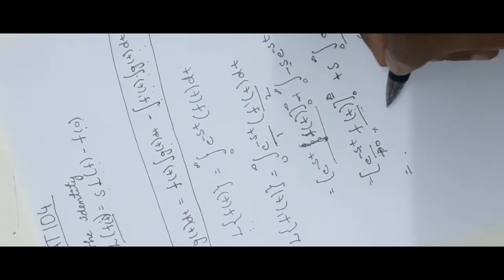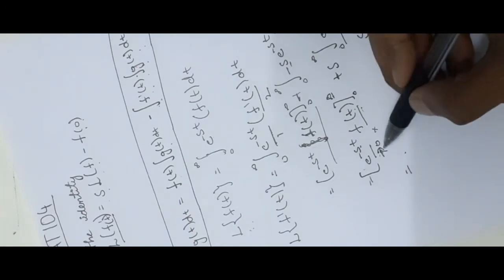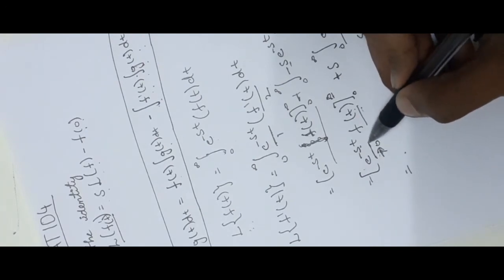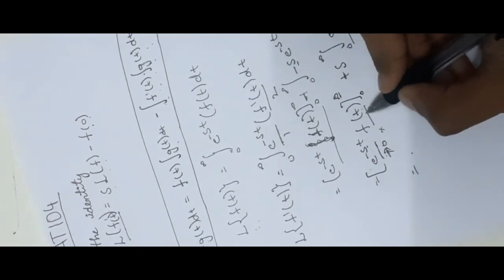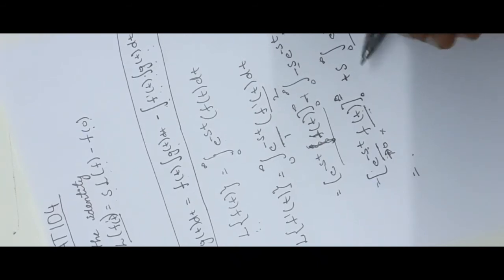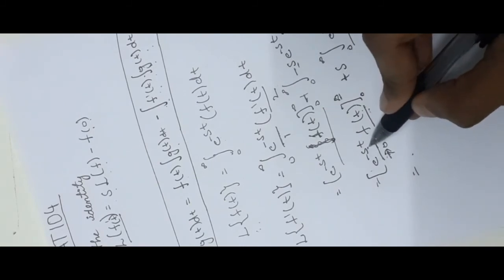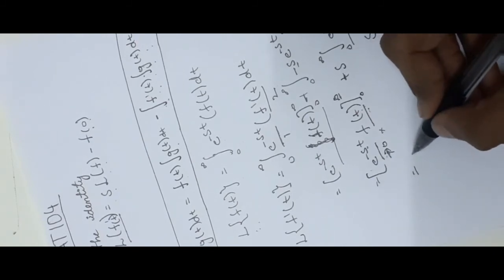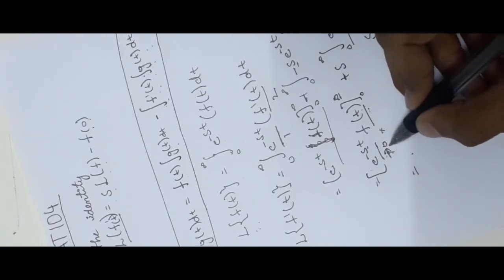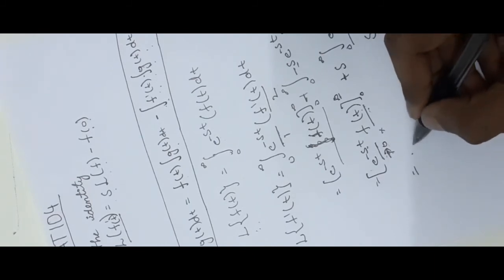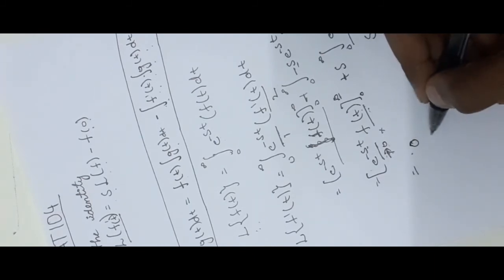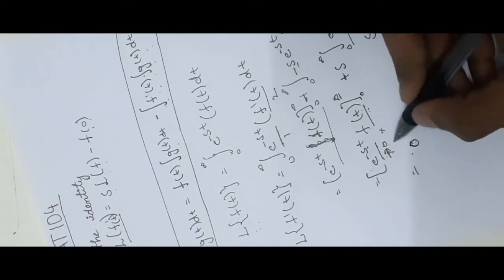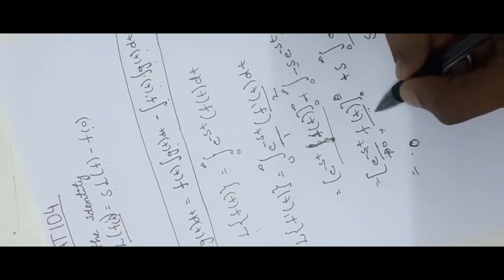There are very few exceptional cases where the function f of t is increasing at a higher rate than e to the power minus st decays. In most cases it will tend to zero, so we can take it as 0, but there might be very few cases where this term will not be exactly equal to 0.